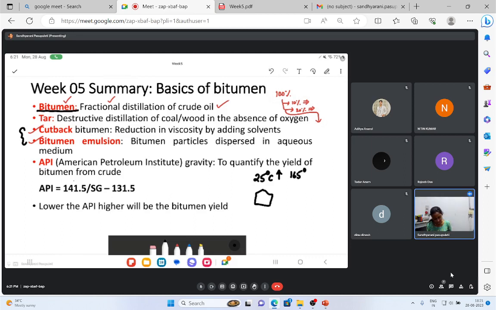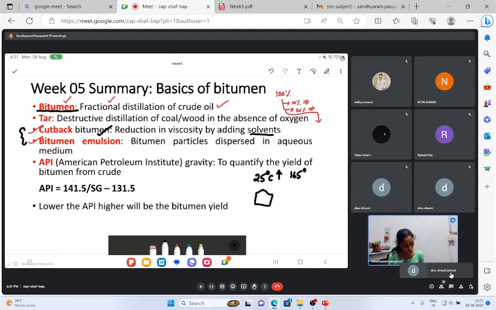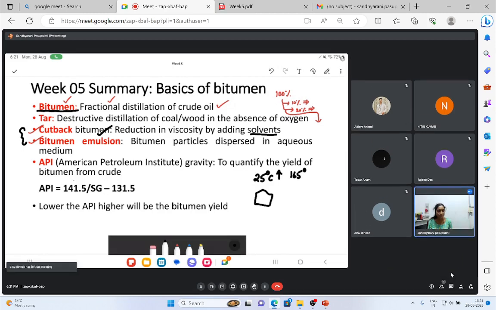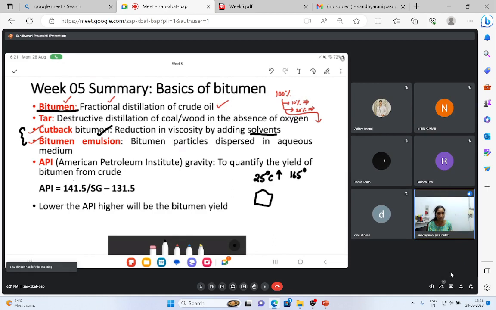So cutback bitumen is one of that type of bitumen where we will be using solvents. I will add some solvents to the bitumen so that the solvent will make my bitumen very soft, then I can coat the aggregates properly. And another type of bitumen is the bitumen emulsion. In this also, if I have a bigger particle of bitumen, by using a dispersed medium, I can make this bitumen into small particles.